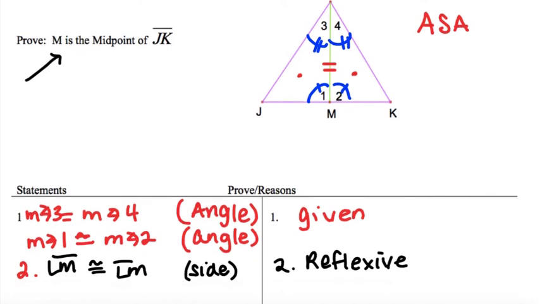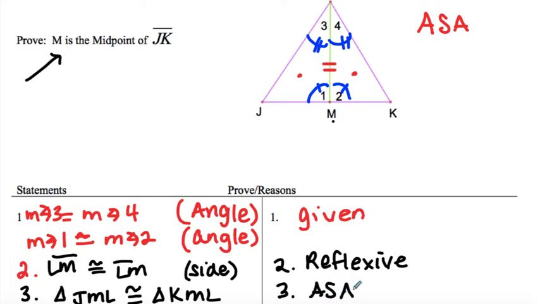All right, so the triangles are congruent. Triangle JML would be congruent to triangle KML, because of angle, side, angle. Now we've got the triangles proven congruent, but we're trying to prove midpoint.